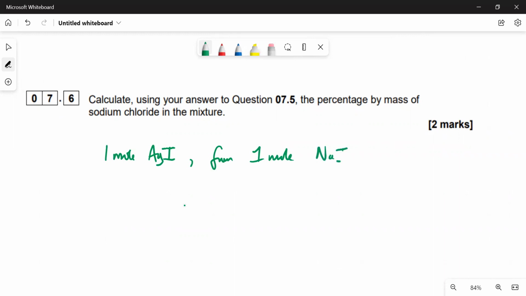So what's the moles of sodium iodide in the mixture then? Well, that's the same as the moles of silver iodide, and that was equal to 1.34 times 10 to the minus 3.